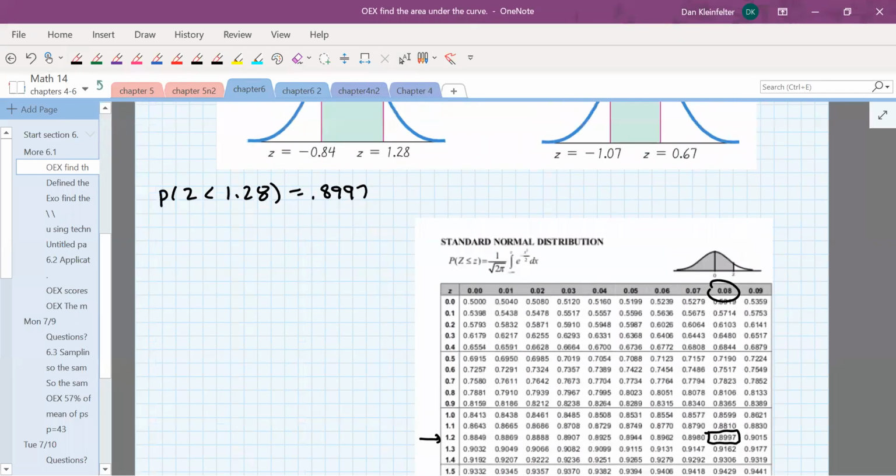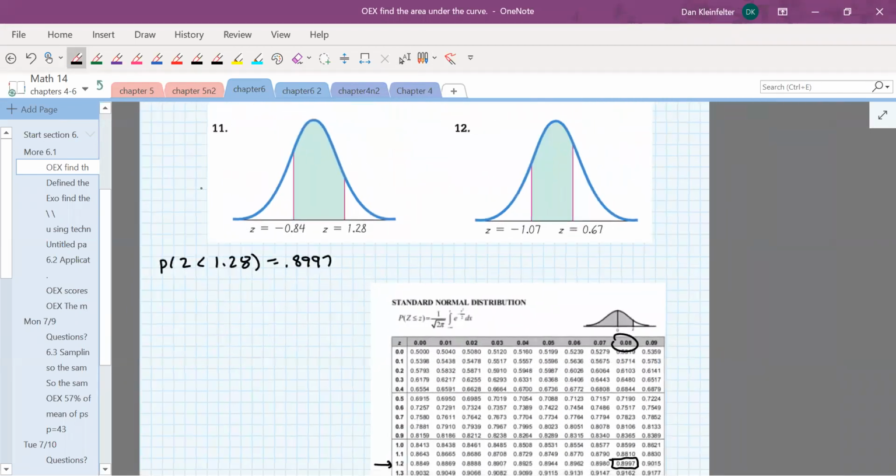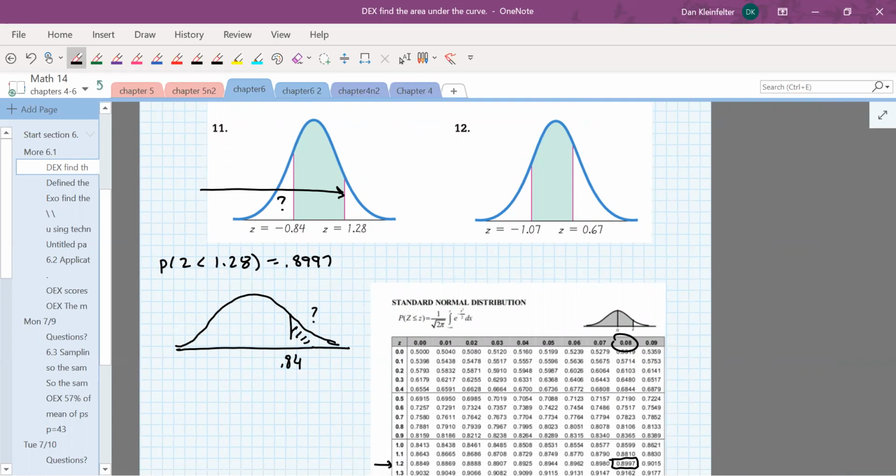All right, so that would be the area from negative infinity up to that line. We need to find a way to take off that little white part that is to the left of negative 0.84. So how to do that? Once again, using symmetry, if we had positive 0.84, the piece that we need to cut off is to the right of that.